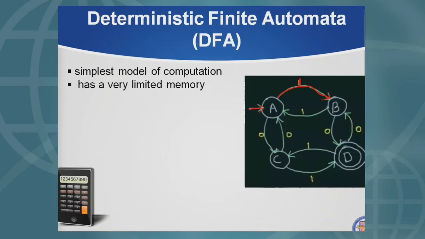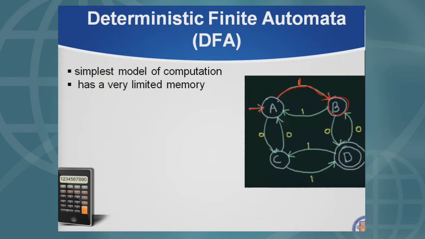From state B, and if I get input 1 again, I will go to state A. O kaya, from state A, I will get input 0, I will go to state C. Or if I have state B, and I will get input 0, I will go to state D, the final state.